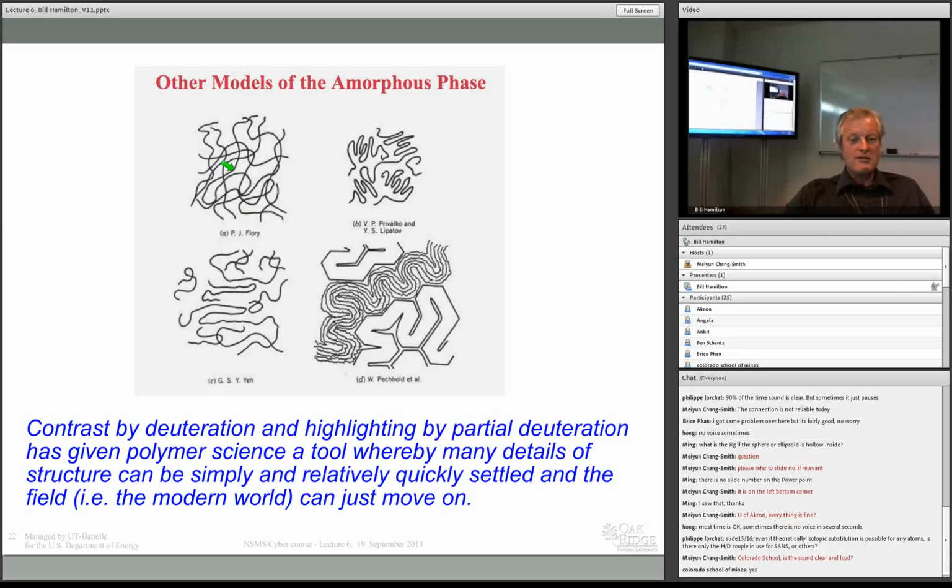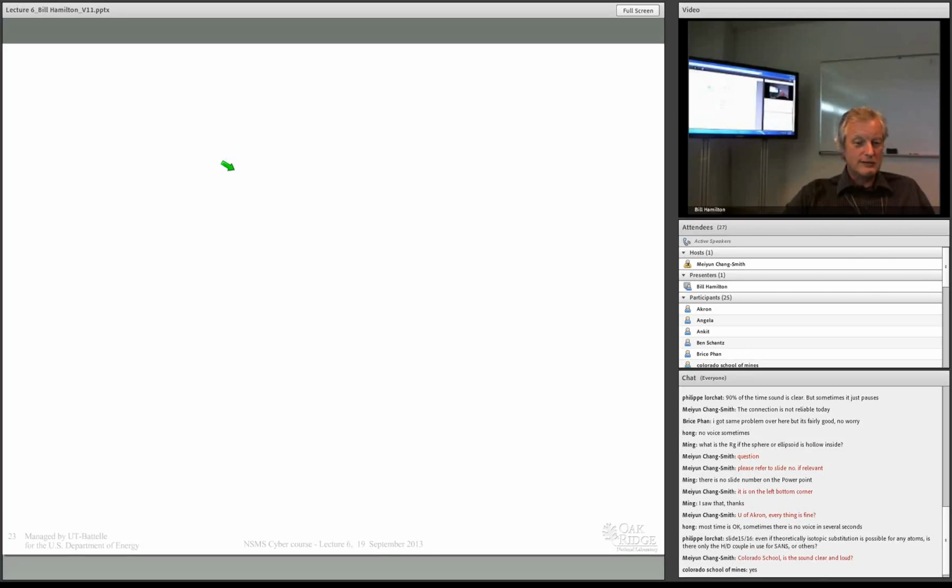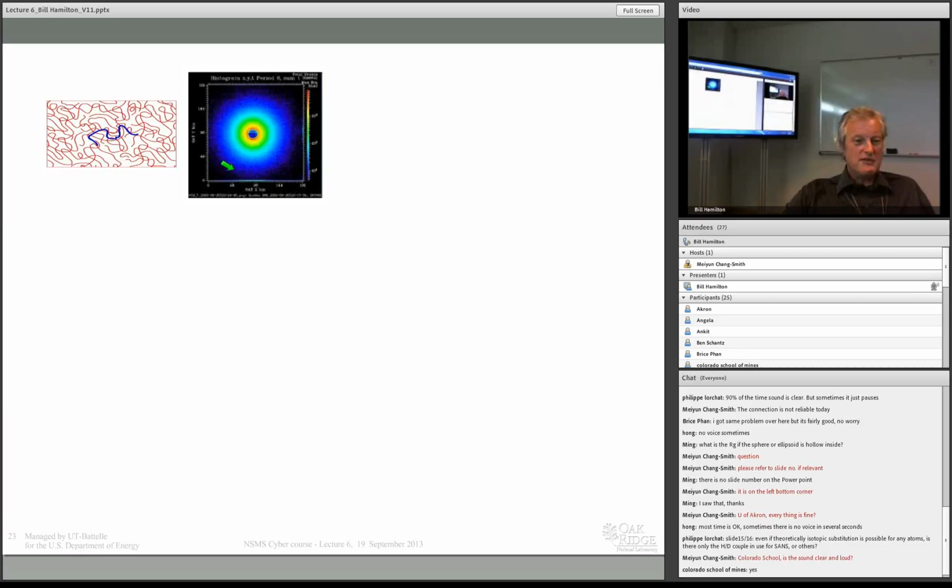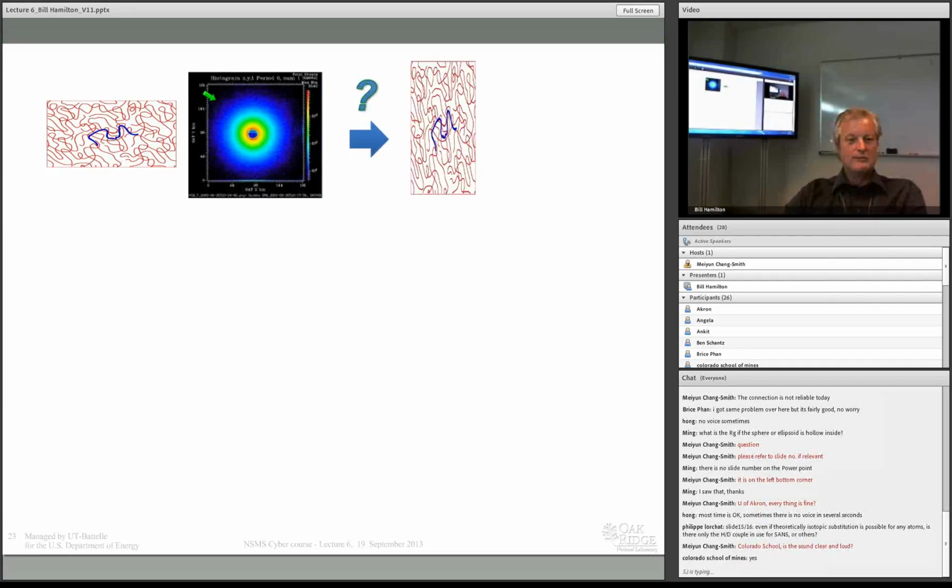And what it meant from then on was that the world could just test predictions made by theoreticians, and move on. So, if you took your molecule in a polymer melt and the scattering from it, and you wondered, what happens if I stretch that polymer melt? What happens to this molecule? How does it behave?